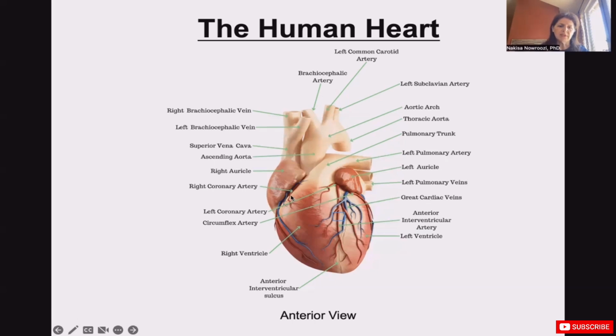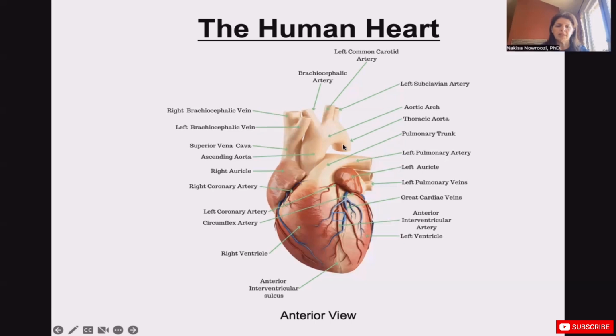In red, this is called right coronary artery. This little guy here is left coronary artery, which is divided into circumflex artery, goes this way, and anterior interventricular artery.